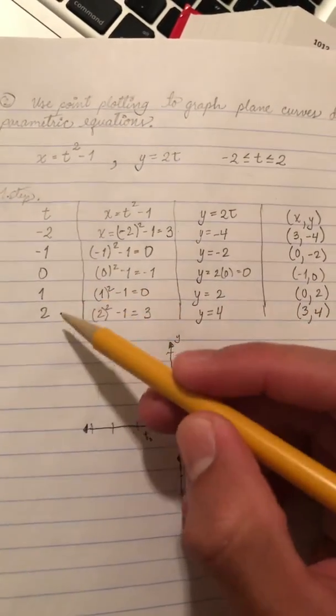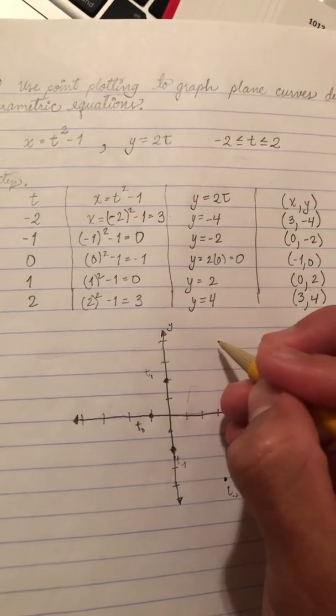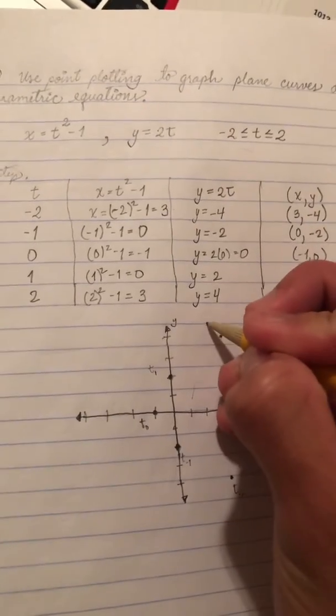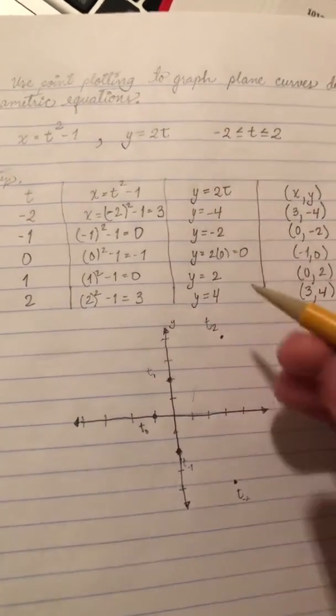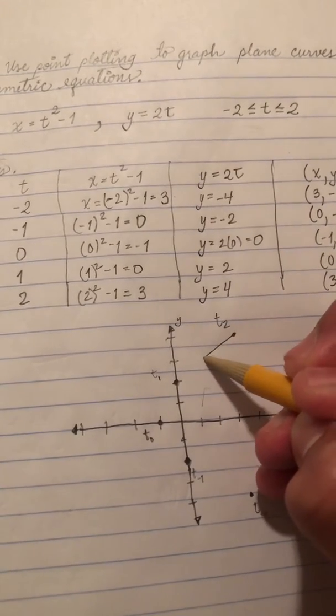Then when t is 2, it's going to be 3, 4. So if we graph this, it's going to be similar to this.